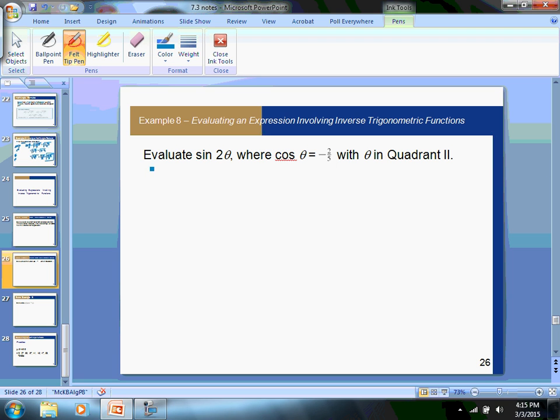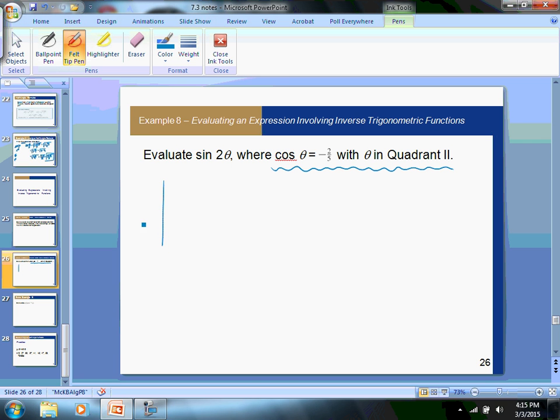They want us to evaluate sine 2 theta. They're telling us that cosine of theta is negative 2 over 5, and we're in quadrant 2. This information tells us that we've got to draw a picture and figure out the triangle and the other trig functions that go with that quadrant.